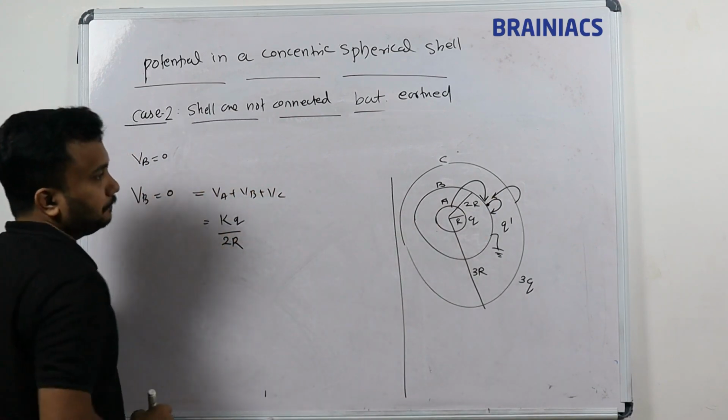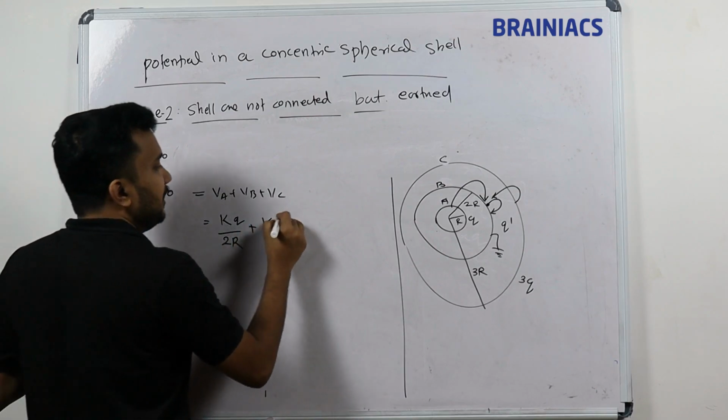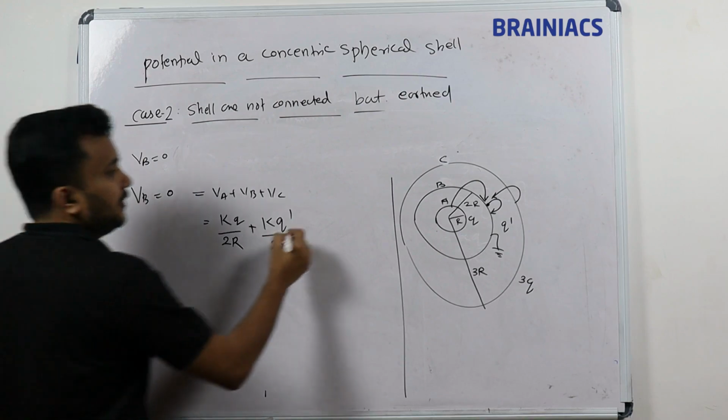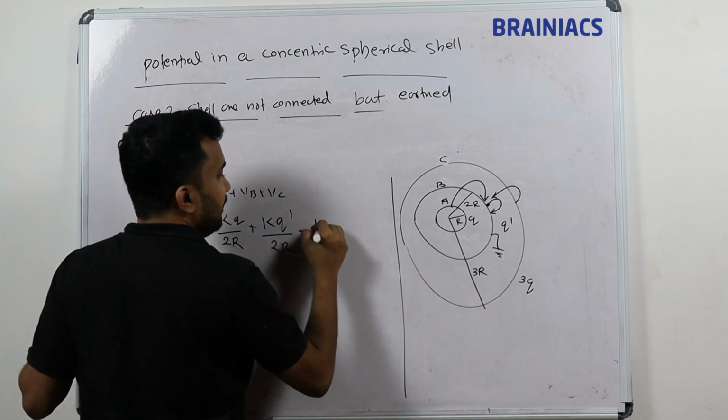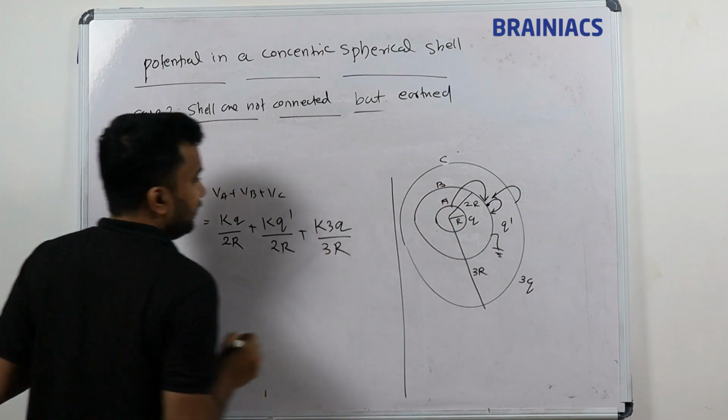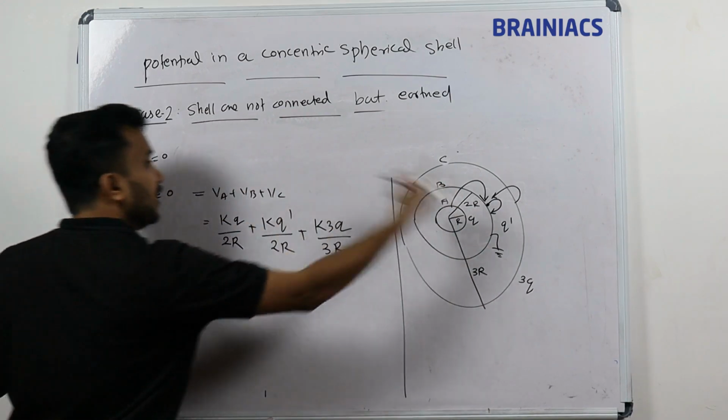The potential due to B, a surface point, is KQ dash divided by 2R. With respect to 3Q, it is an inside point, so K into 3Q divided by the inside radius, 3R.